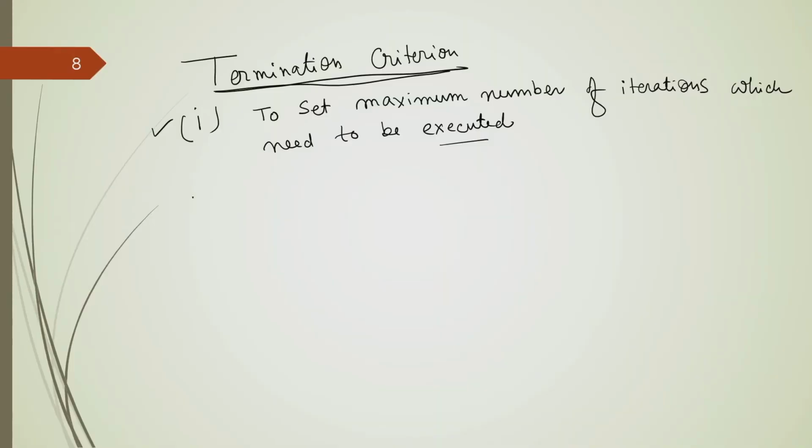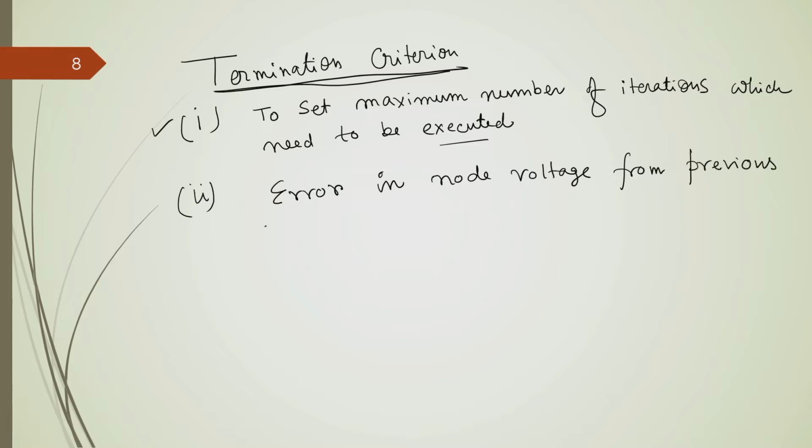And that is why the second termination criterion is the error in node voltage from previous iteration to current iteration.